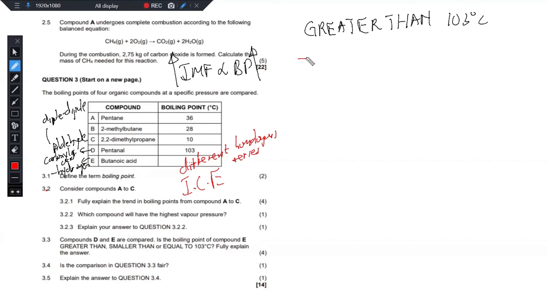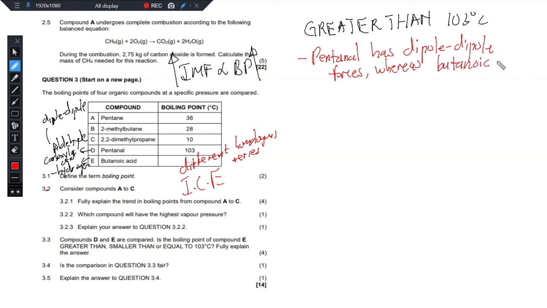pentanal has dipole-dipole forces. Whereas butanoic acid has hydrogen bonds, right?